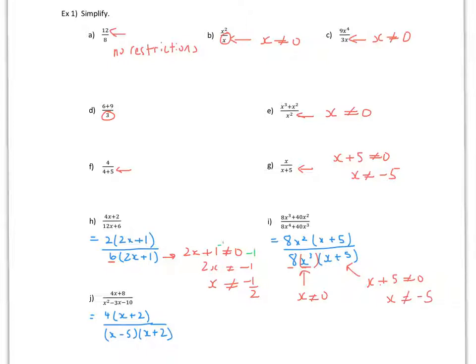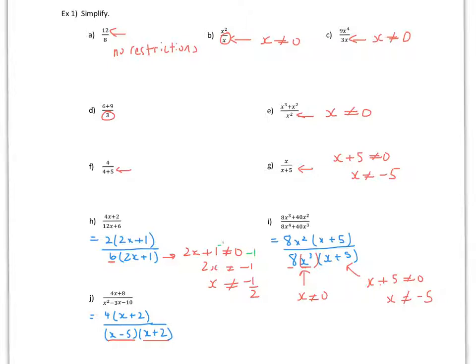And then the last two here, my restriction is my denominator cannot equal 0, which means each one of these factors cannot equal 0, because if x minus 5 was 0, I'd have 0 times another number, which would still be 0, and my x plus 2 cannot equal 0, because if it was 0, I would have x minus 5 times 0, which is 0.